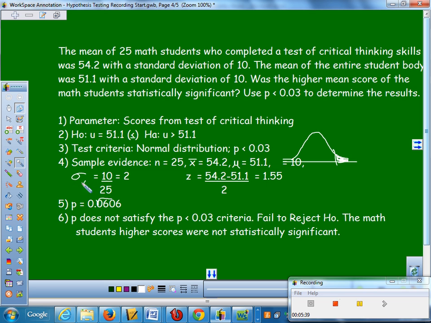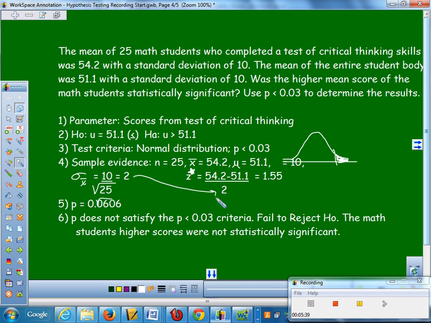The standard error was calculated by taking the standard deviation of 10 and dividing by the square root of the number of people sampled, which was 25. 10 divided by 5 gives us a standard error of 2. Then the most important stat of all, our z star, what we call our test statistic. You subtract the two means, find the difference in the means, and divide by the standard error, which was 2. And so we get a z-score of 1.55.